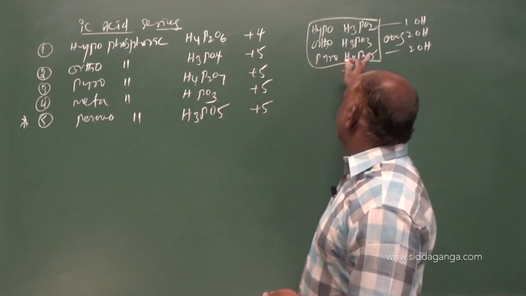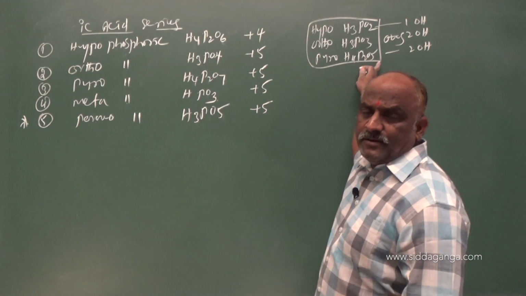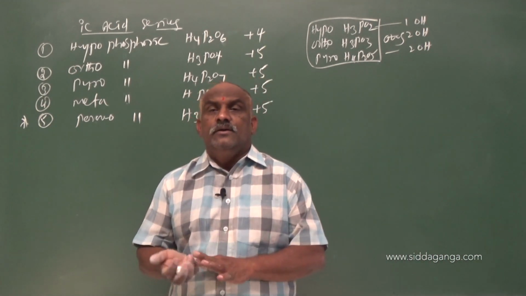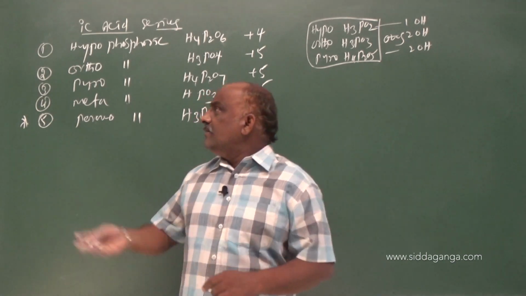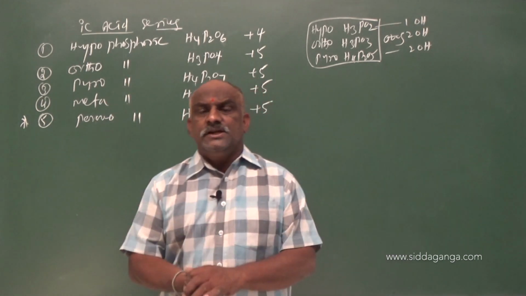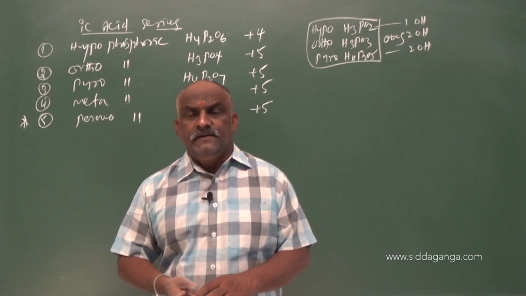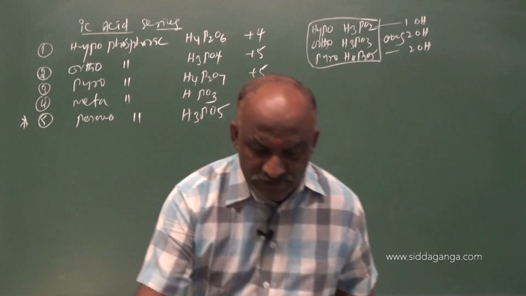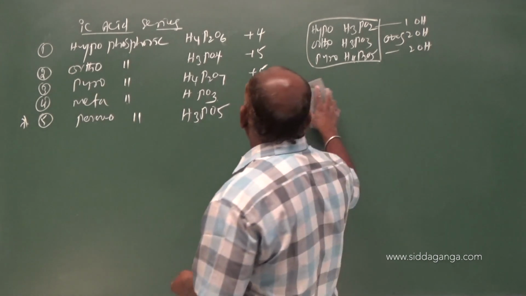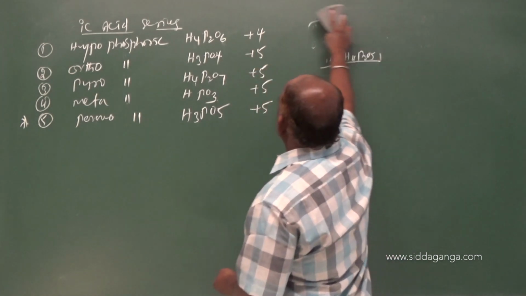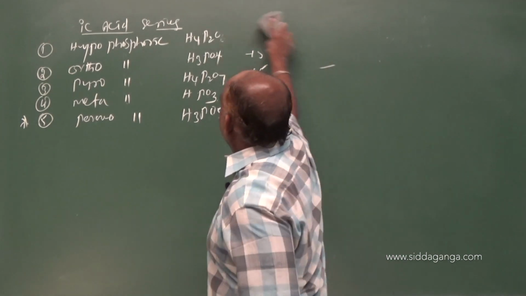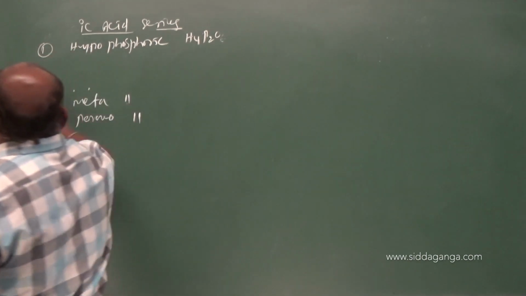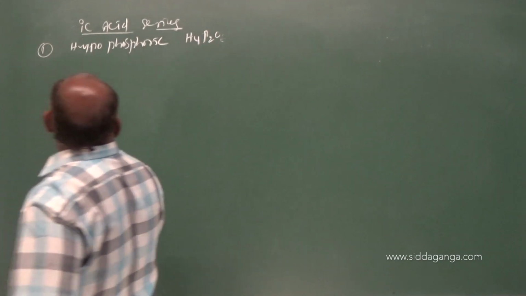These all act as strong reducing agents because hydrogen atoms are directly attached to the phosphorus atom. While coming to the ic acid series, there is no such facility. Clear it is. These do not act as reducing agents. And now we have to discuss the structures. So first one is hypophosphoric, after that orthophosphoric, pyrophosphoric.